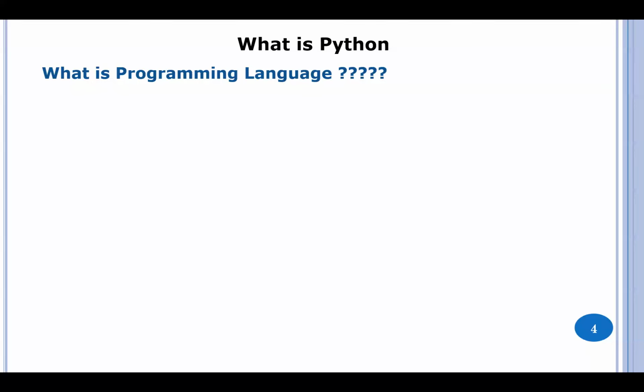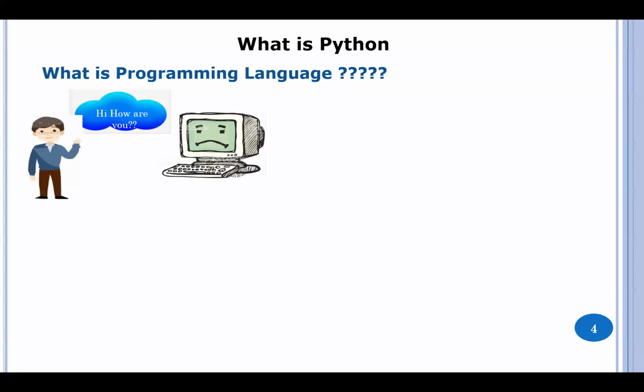So ultimately you are going to communicate something to someone, and because of that reason you are using language. So here also the same thing when we talk about the programming language: we want to communicate something to a machine.